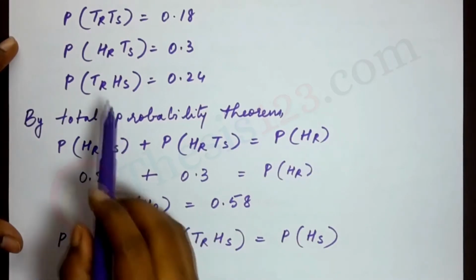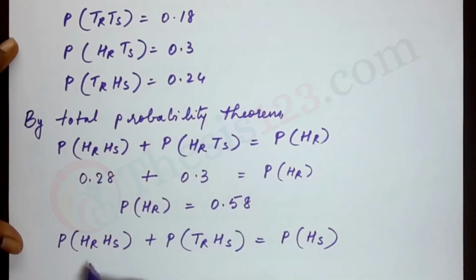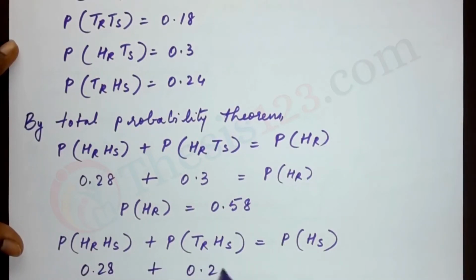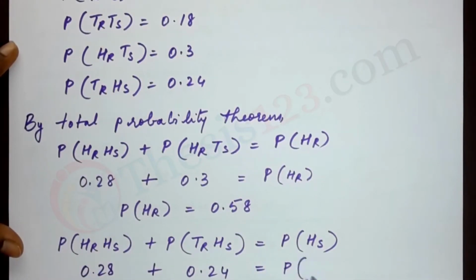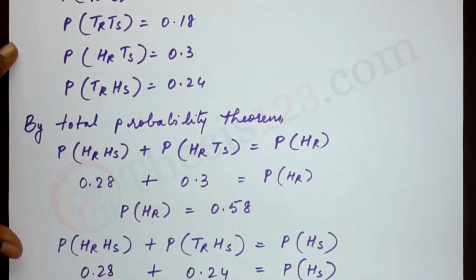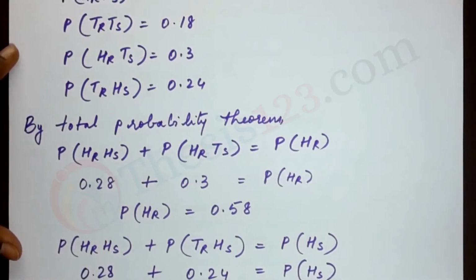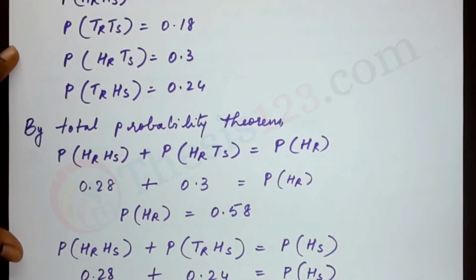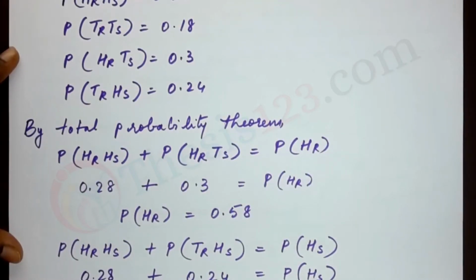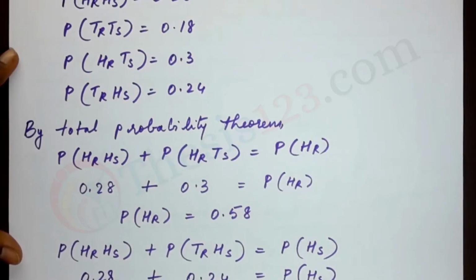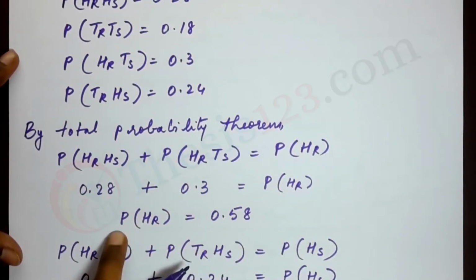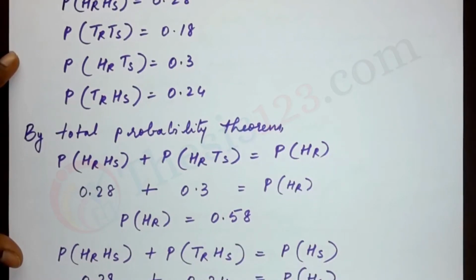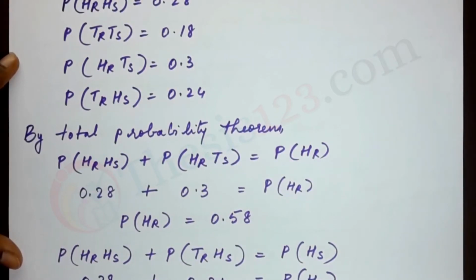We have TRHS as 0.24, so let's substitute: 0.28 plus 0.24 equals the probability of HS. Adding up the values, we get 0.52. Now we have the probability of HR as 0.58 and the probability of HS as 0.52.